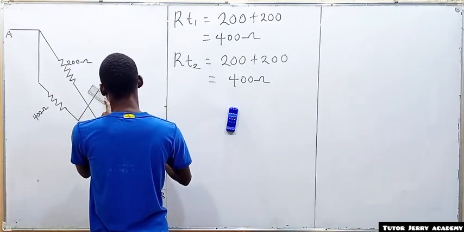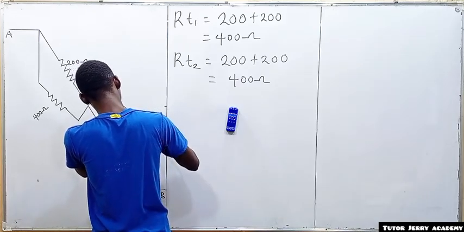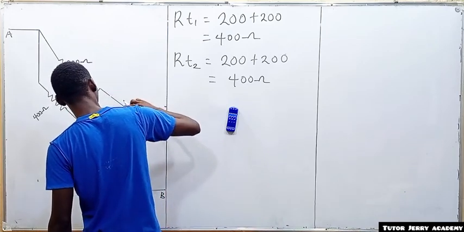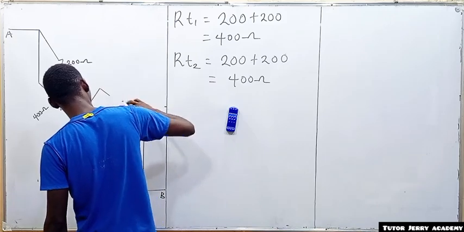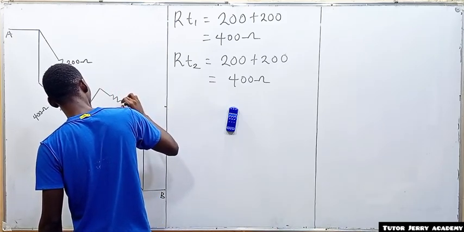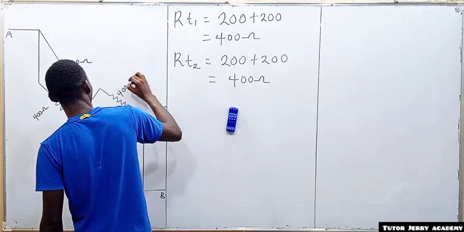So I'm going to have something like this. We're going to have 400 ohms here.